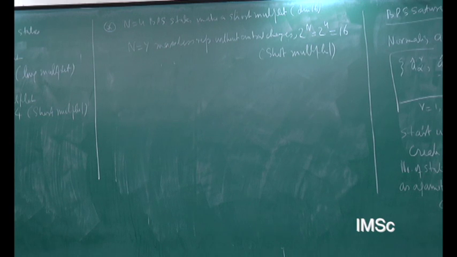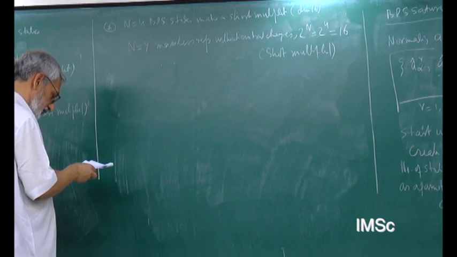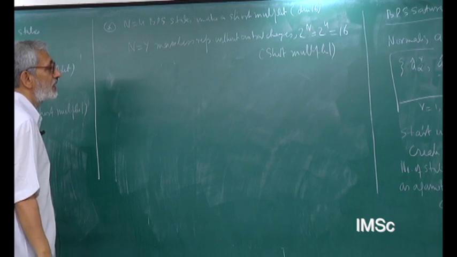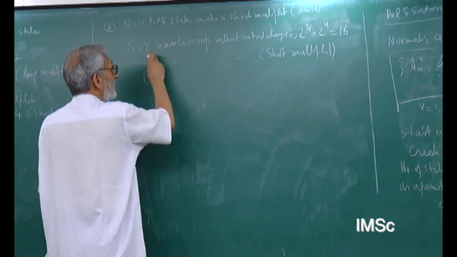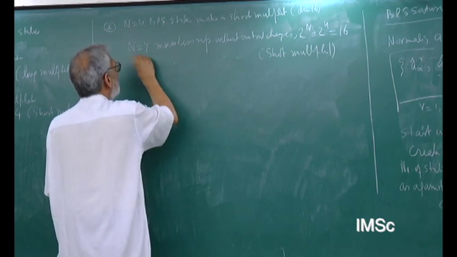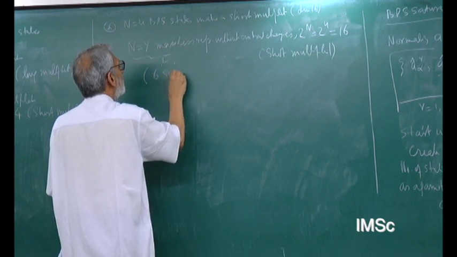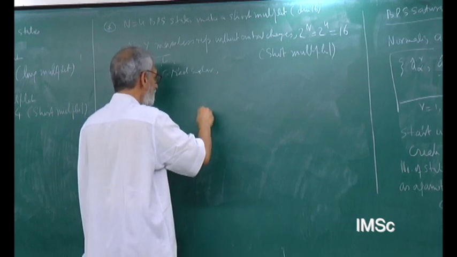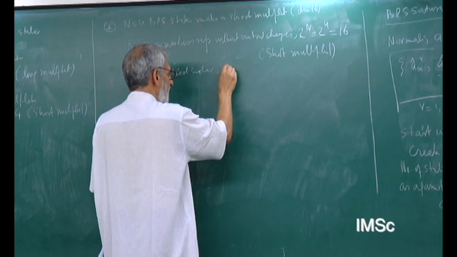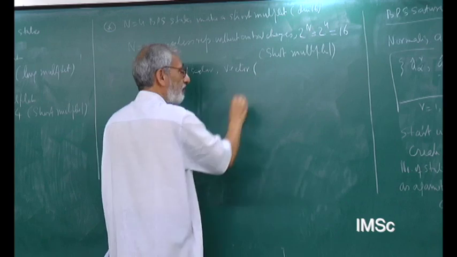All right. And did we do this exercise, that short multiplet, what does it have? The field content. And if you recall, the states in this are 6 real scalars, one vector, but one vector is massless.